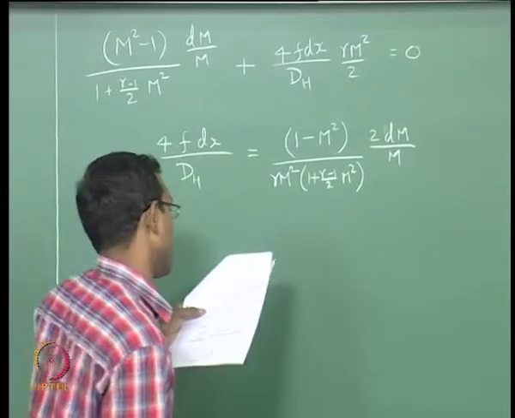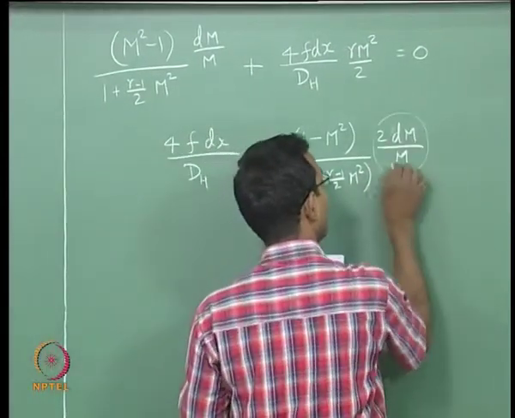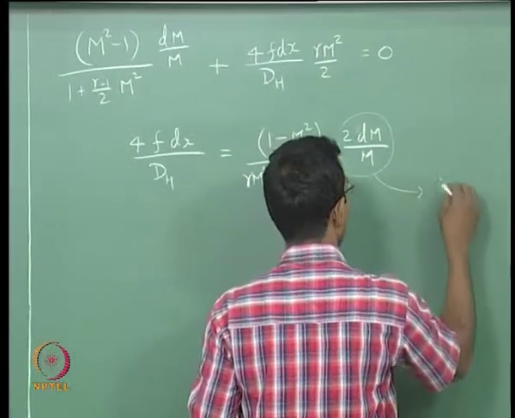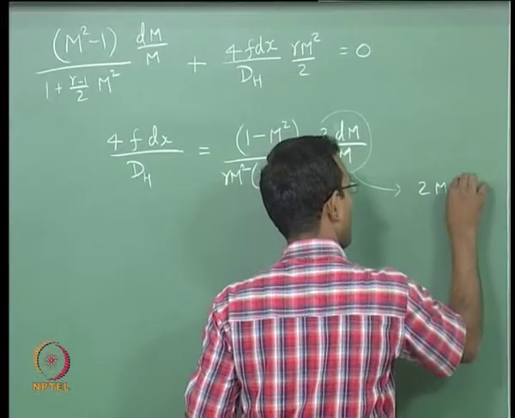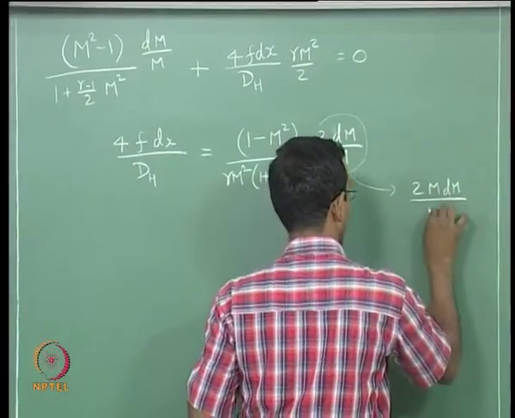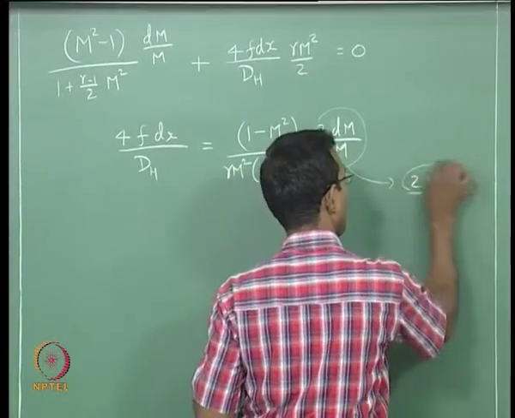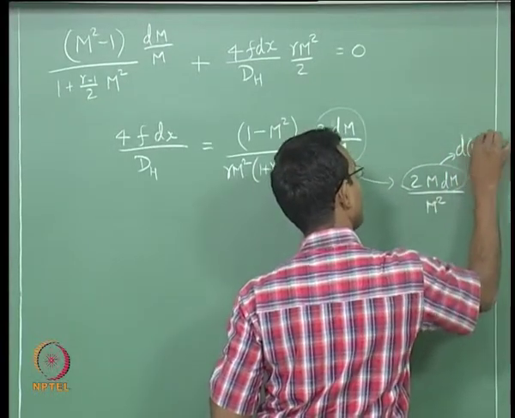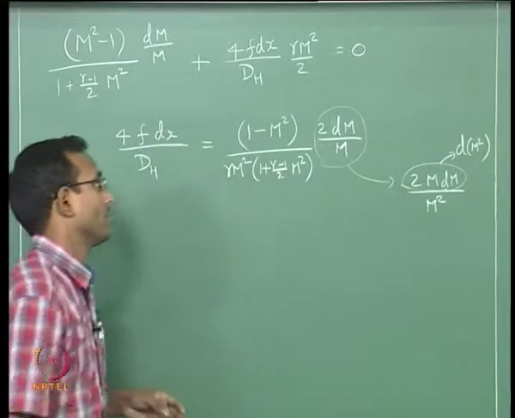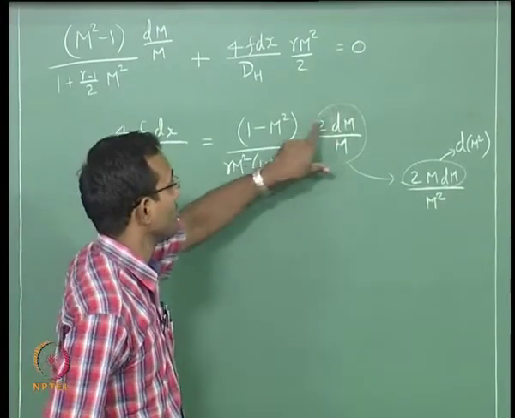Now I just want to rearrange this 2 dM by M as 2 M dM by M square. Now this 2 M dM can be written as d of M square. So this whole term becomes d of M square by M square.